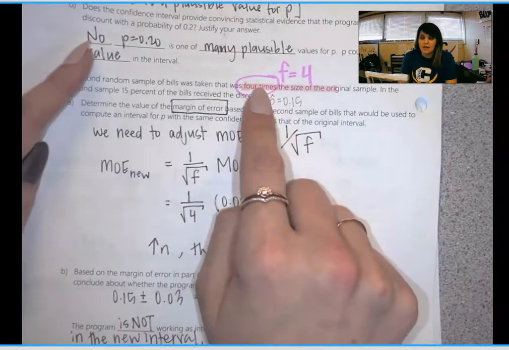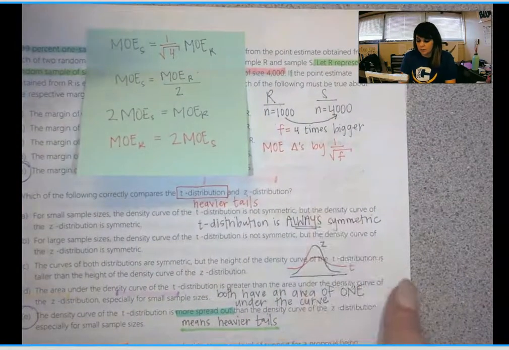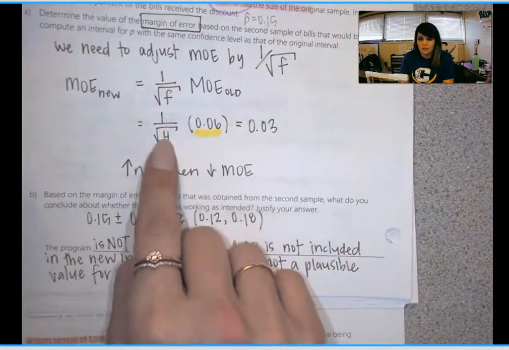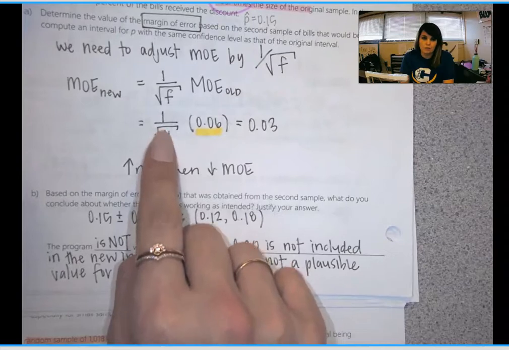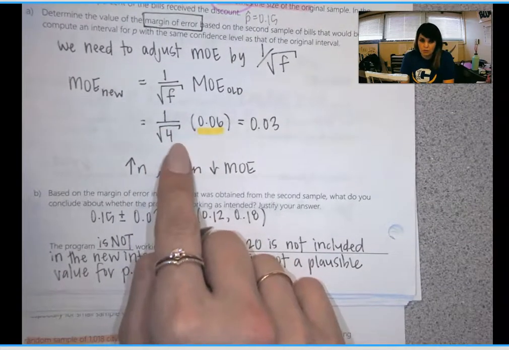So this is actually exactly what we're doing on this problem. Our sample is 4 times as big. So that means my margin of error will be adjusted by a factor of 1 over root 4. So it's similar to this problem.